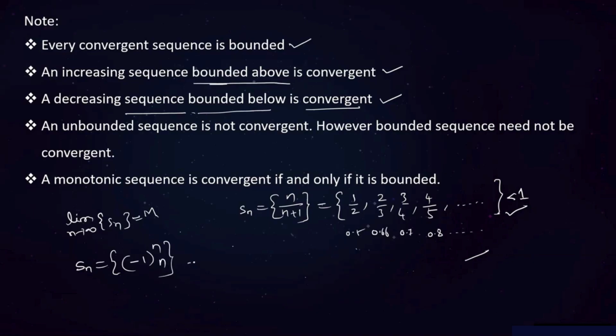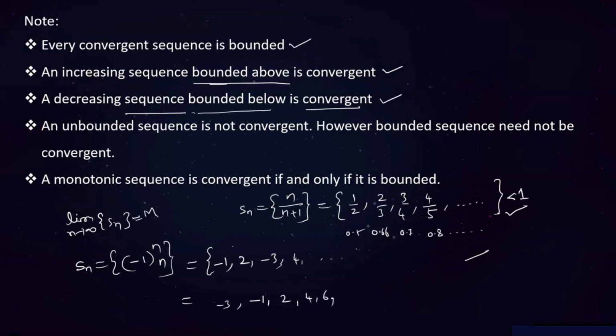When n is equal to 1, we get minus 1. Then for n equal to 2, it is plus 2. For n equal to 3, it is minus 3. For n equal to 4, it is plus 4. It goes like this. If you write them in proper order, we get minus 1, 2, then minus 3, and here it is 4.